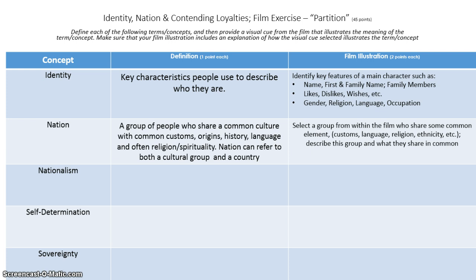Once you have done that, you would then begin to view the film, and as you are viewing it, you would provide visual cues along with an explanation as to why they visually illustrate the meaning of the concept for each concept and or term that is listed in the exercise. Now you should understand how to go about completing the exercise. Good luck.